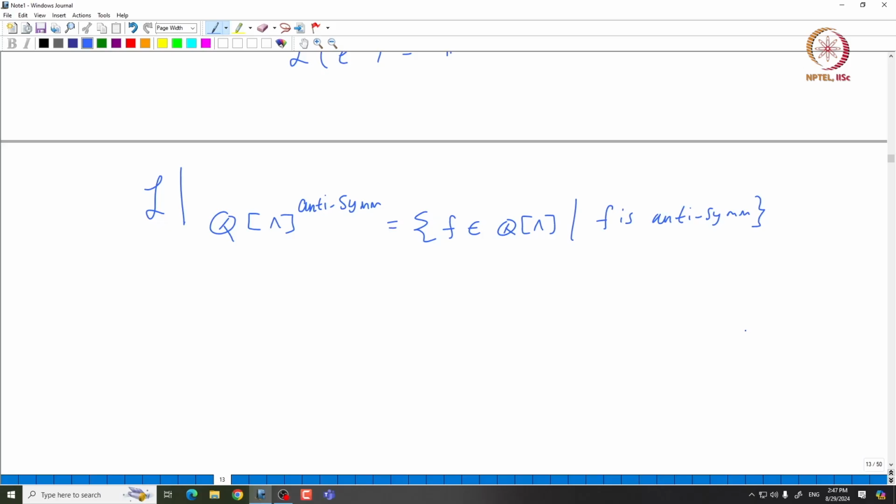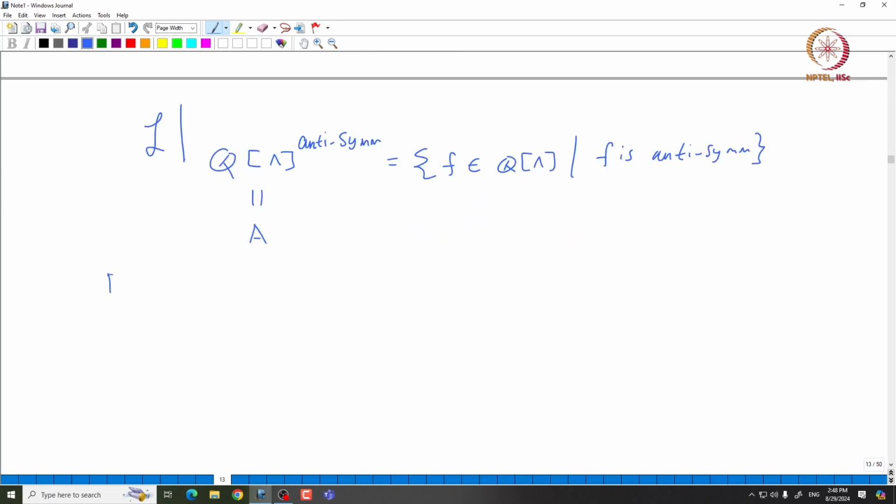So, what is the basis of this? We have already seen what the basis will be. If you take these Weyl sums S_{lambda plus rho}, where lambda runs over all dominant weights, that will actually form a basis for this set of antisymmetric elements of Q lambda. Let us call this capital A.